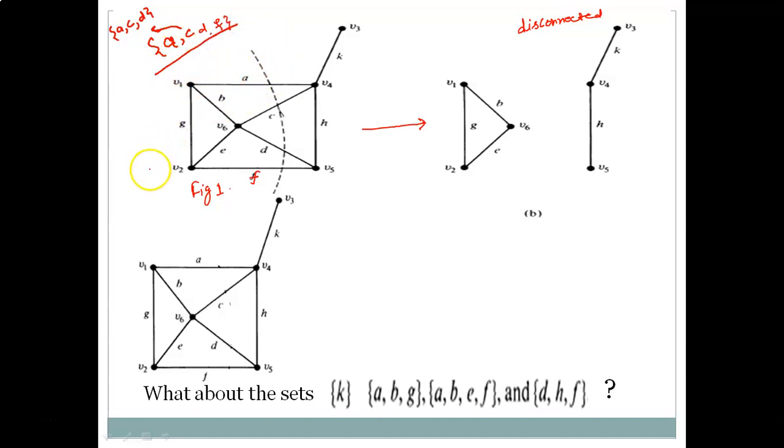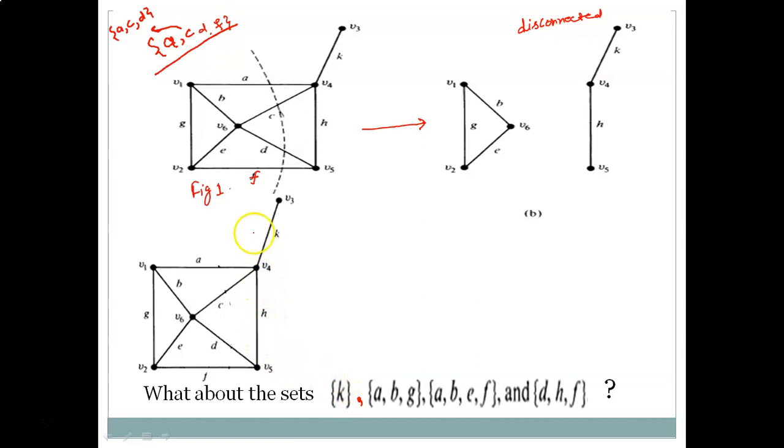Now, the question arises that for a given graph, can we have only one cut set, or can we have more cut sets? So, the answer is yes. We can have many cut sets in a given graph. So, I am again considering the same graph here, and in this graph, I want to check whether this set K, the set of only one edge, is forming a cut set.